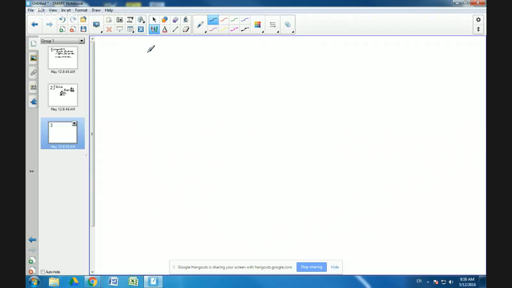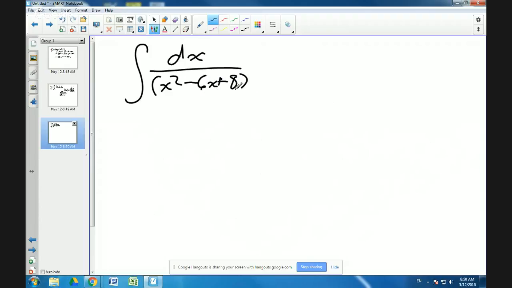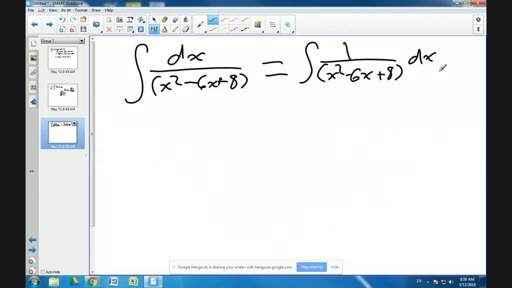When you see a partial fraction problem, it could be written as the integral of 1 over x squared minus 6x plus 8 dx.